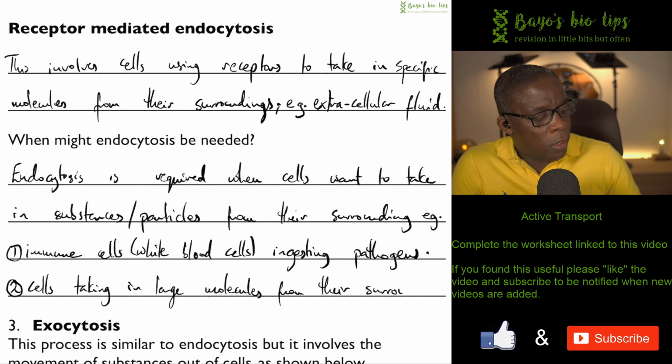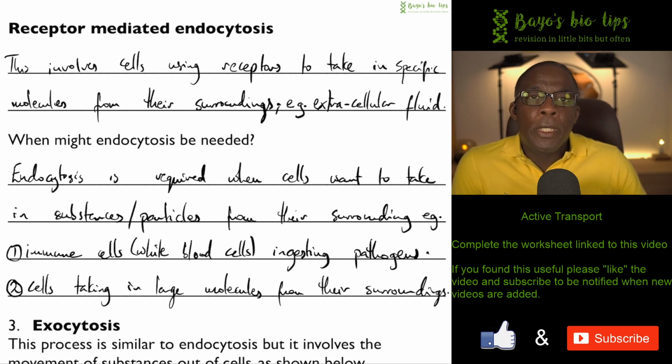Why do I say larger molecules? Basically, if the molecules were very small, they'd simply be able to pass through the membrane directly. However, if they're larger, or if they are, for instance, charged and can't get through the membrane directly, then the cell could use something like endocytosis.